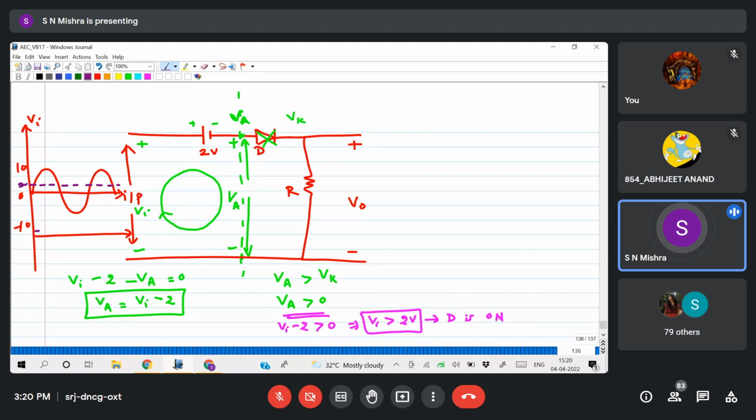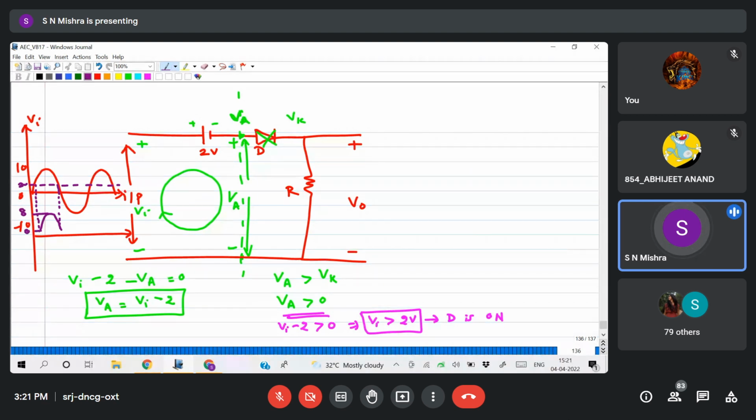Then when it increases above 2, after this point my output follows the input voltage, like this. What is my maximum voltage? 8, and this is your 0.